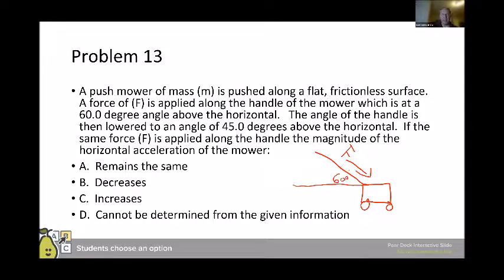All right, so something we've got to think about. Number one, it's frictionless. If there were friction, this would be a bit more complicated. On a frictionless surface, the only thing that's going to matter here is that component of the force.